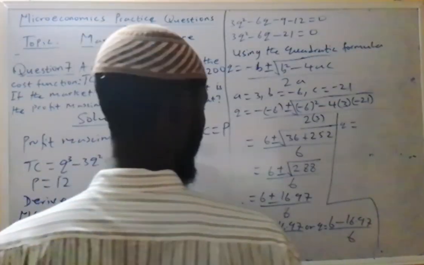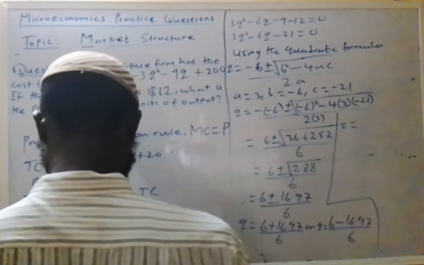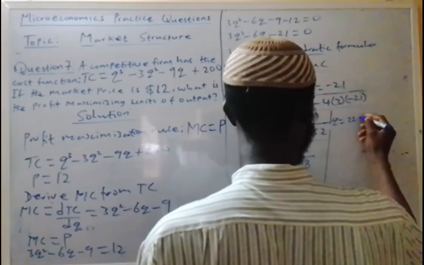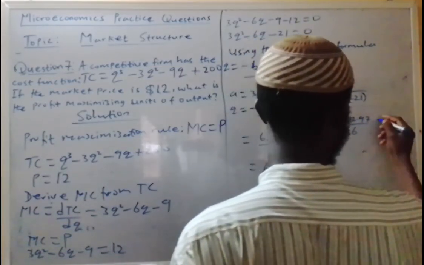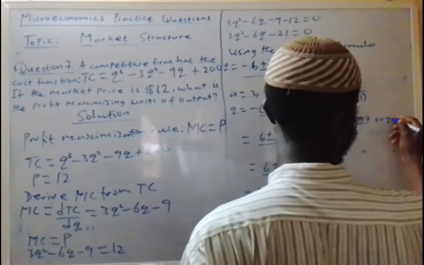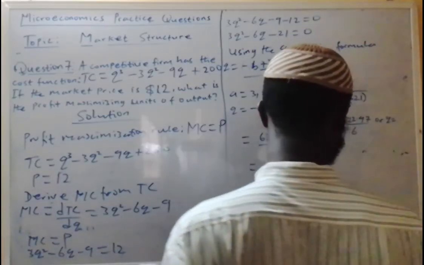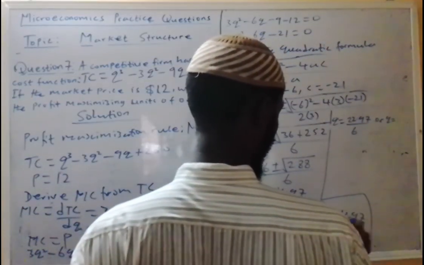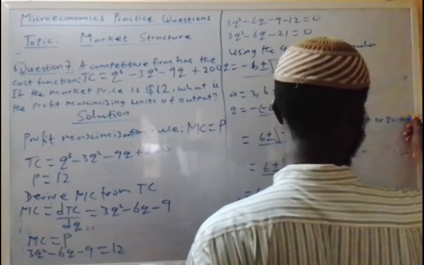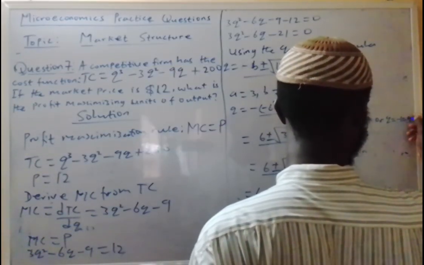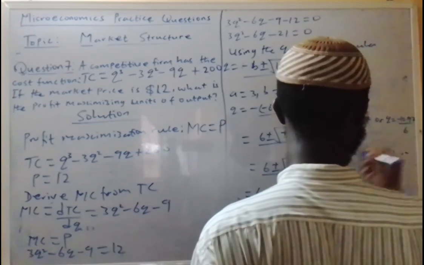So 6 plus 16.97 gives 22.97 divided by 6, or q is equal to 6 minus 16.97, so we have minus 10.97 divided by 6.